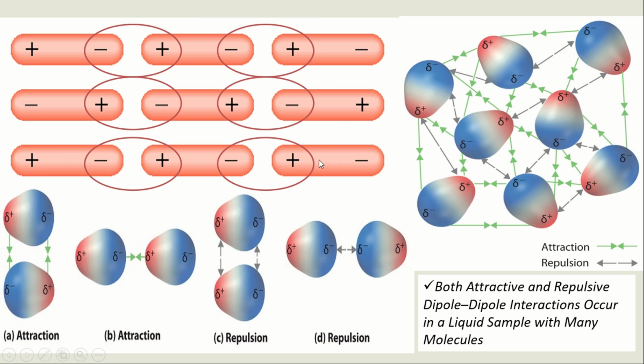As you can see here, they have already interacted with each other. They have already attracted to each other because again, as we can see, opposite charges attract. So there is an attraction between the molecules. And if it's the same sign or same charge, there will be repulsion or they will repel each other.